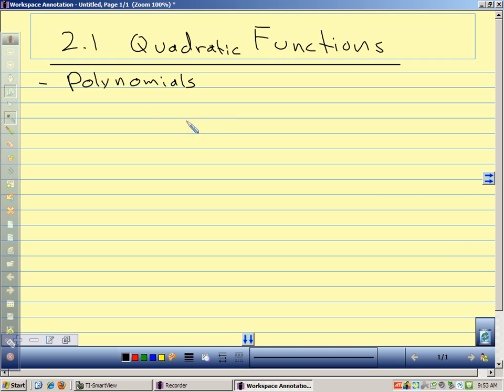And polynomials are going to have the form: a polynomial function is f of x equals some number a sub n, x to the n, plus some other number a sub n minus 1, x to the n minus 1, plus, and we have a whole bunch of these added together, and at the end, plus a1 x plus some constant, which is a0.